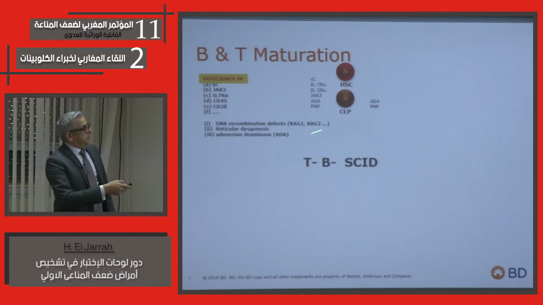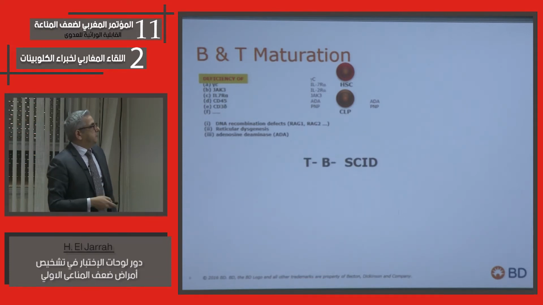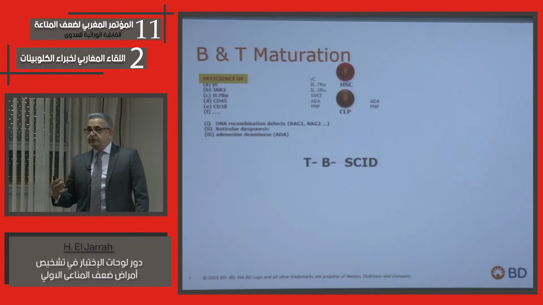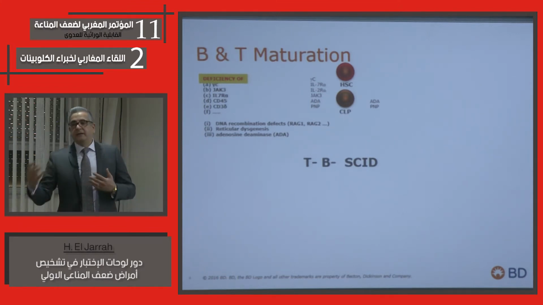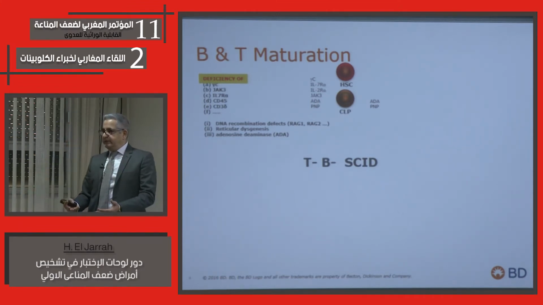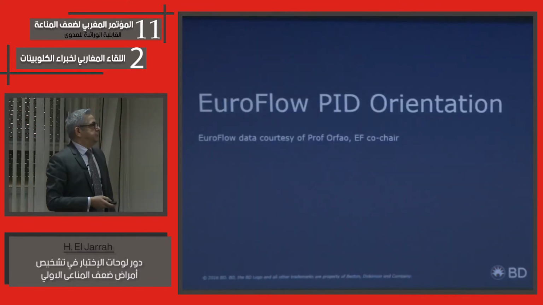Now, if the mutation affected DNA recombination, like recombination defects like RAG1 or 2, reticular dysgenesis, adenosine deaminase, then that would result in both B and T cells being absent in that patient.